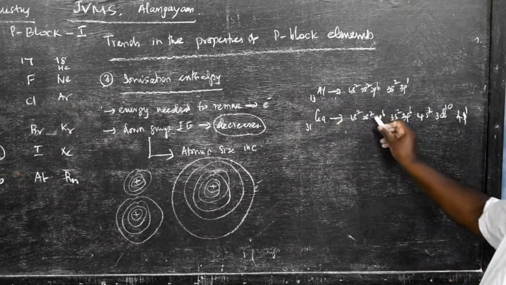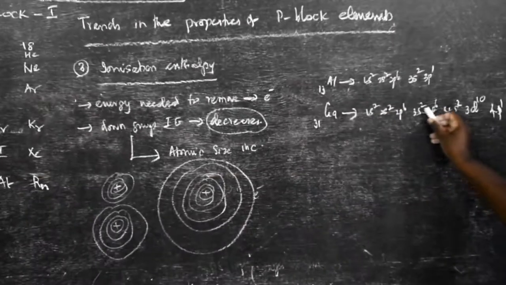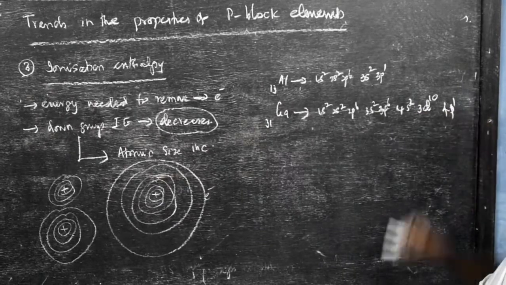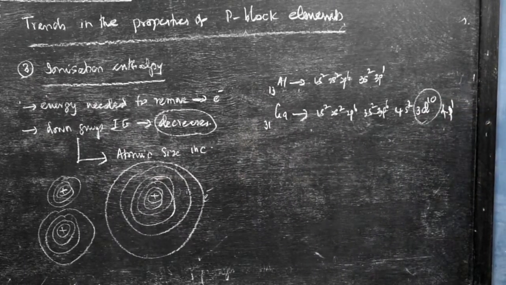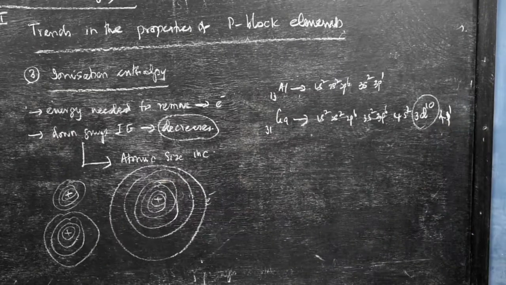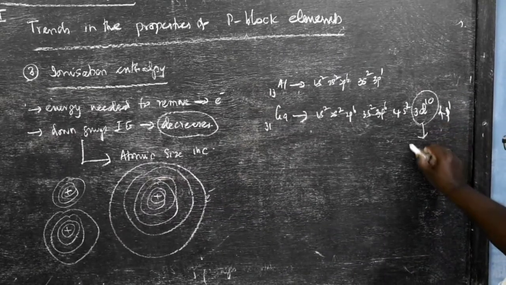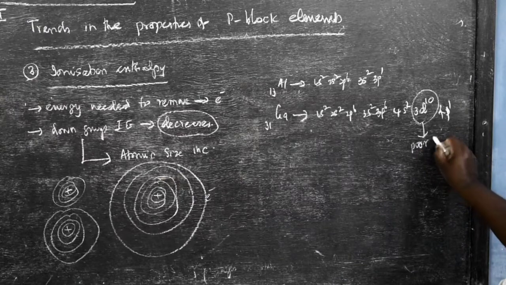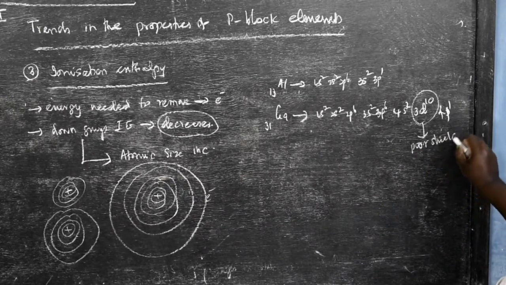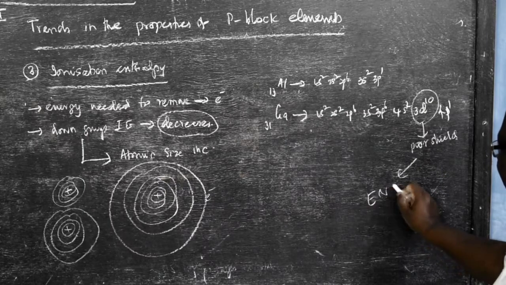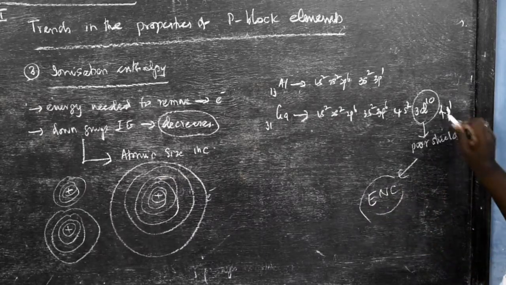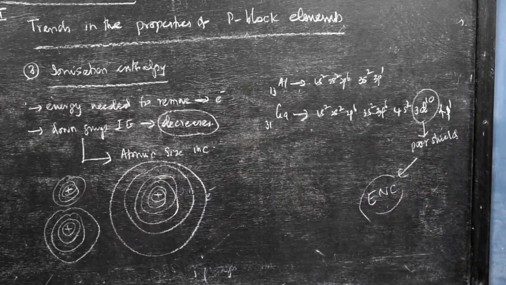So we get 2, 4, plus 6 is 10, 20, 30, 31. Because of the d electrons, wherever the d electron is coming, it has poor shielding. When there is poor shielding, the effective nuclear charge will be more on the outermost electron.